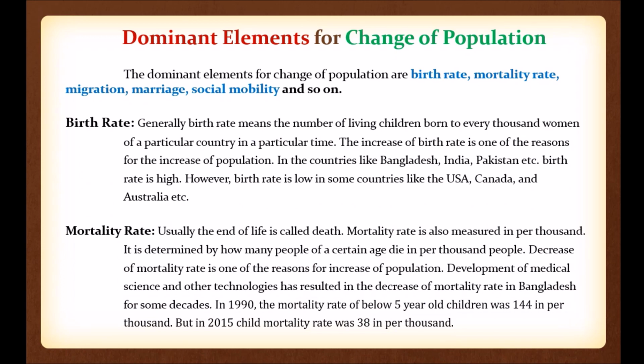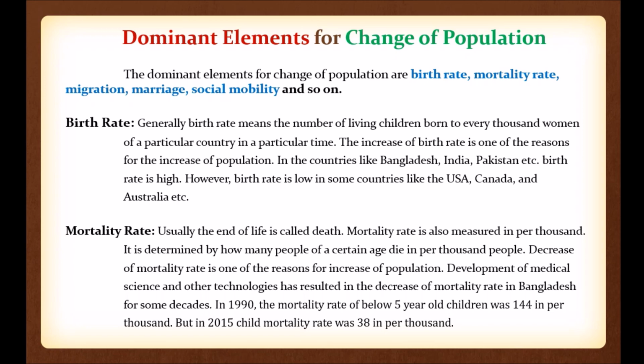Decrease of mortality rate is one of the reasons for increase of population. So it is the opposite of birth rate. If birth rate increases, the population increases too. But if the mortality rate increases, the population will decrease. Alright?